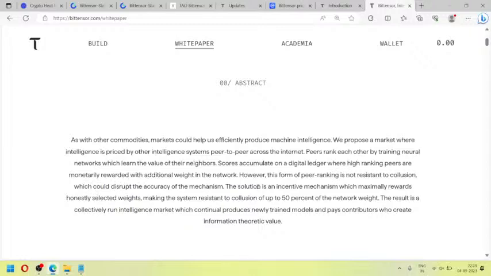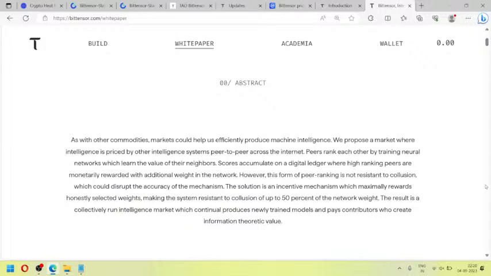However, this form of peer ranking is not resistant to collusion, which could disrupt the accuracy of the mechanism. The solution is an incentive mechanism which maximally rewards honestly selected weights, making the system resistant to collusion of up to 50% of the network weight.